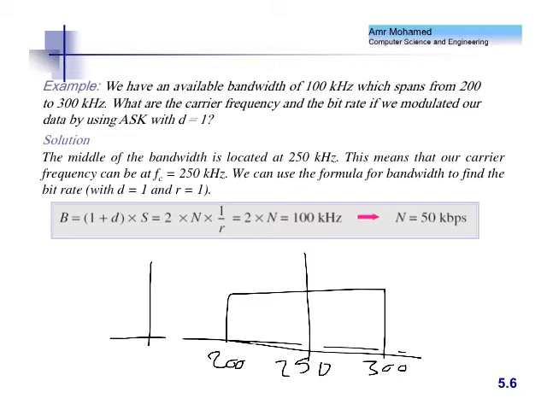And d is equal 1, which is the worst case. This means that the bandwidth which is 100 equals 2s, right? And s is n, because r is 1, right? So in that case, basically n is 50, right? Very easy.